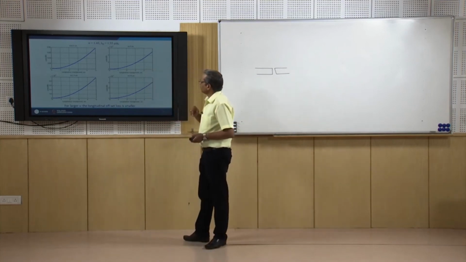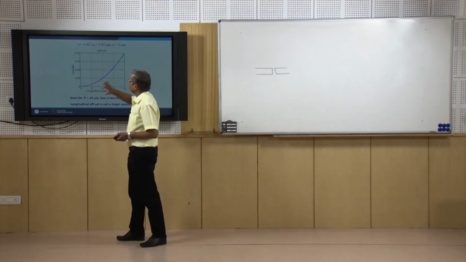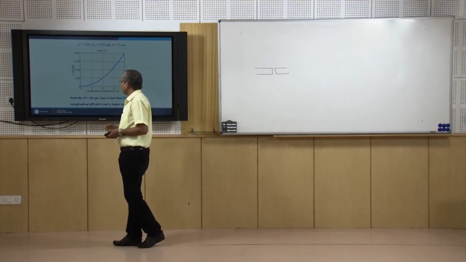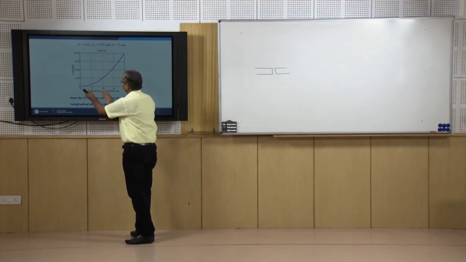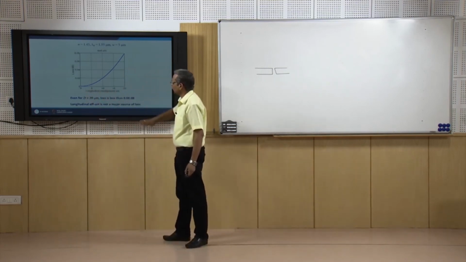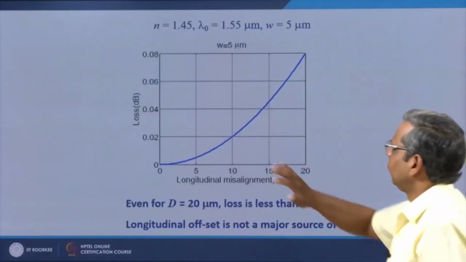Again, let me look into the values of loss which are close to 0.1 dB, and for that I have increased the range of longitudinal misalignment while plotting this loss curve for W equal to 5 micrometer.